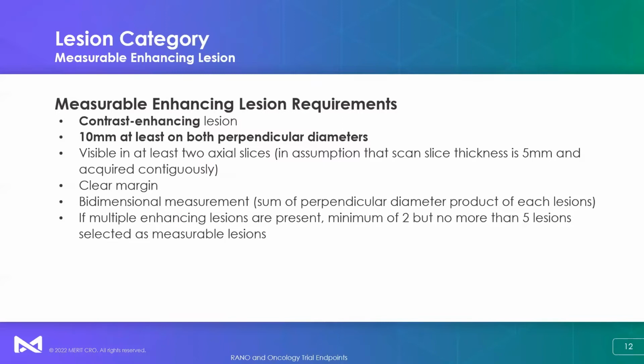If there are multiple enhancing lesions present, they also recommend that a minimum of 2 lesions should be recorded as target lesions, but no more than 5 lesions as the measurable enhancing lesions. So a maximum of 5, but a minimum of 2 if there are multiple enhancing lesions.